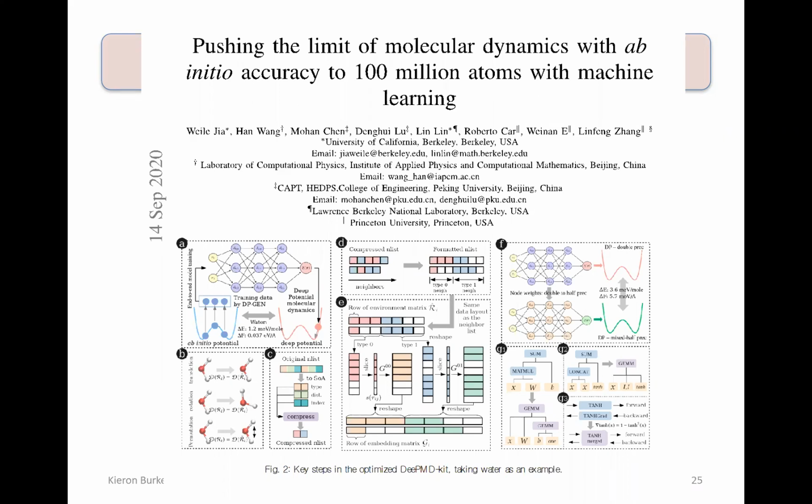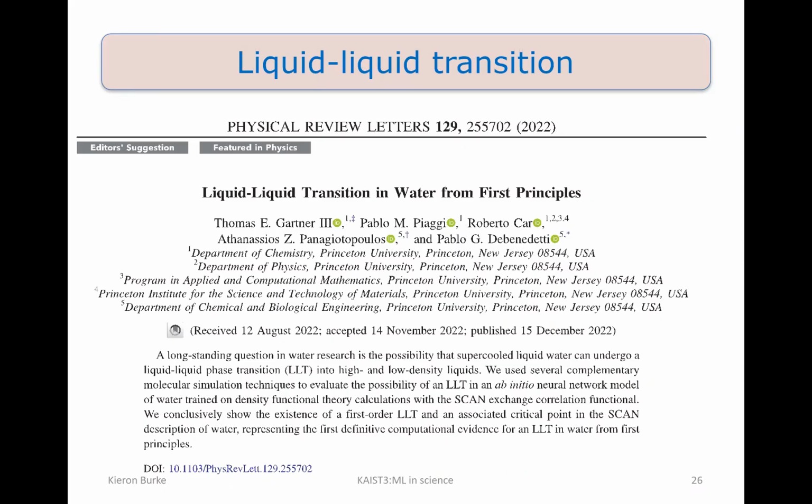And the way they know when it's not accurate is they have an ensemble of potentials, I think 5. So they have made 5 different fits to the potential. And as long as the fits all agree, they say the step is good. And if they start to diverge, then they go back and sample some more.